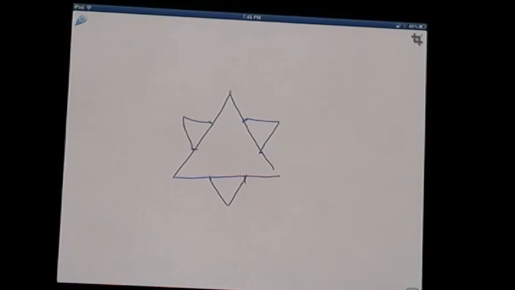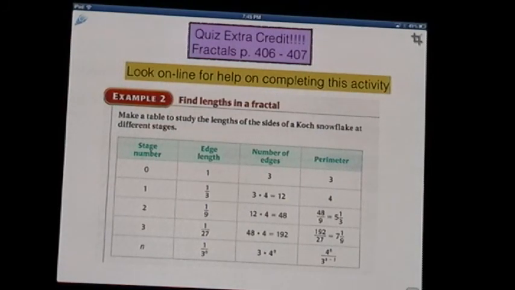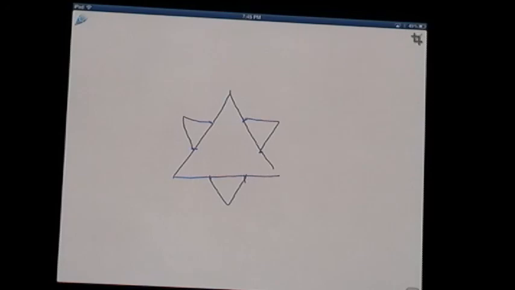In the table it says, in stage number 0, our edge length is just 1 unit. And we have 3 edges, and we have a perimeter of 3. Well then, when we've done this, it says our edge length is 1/3. That's because the first edge is 1/3 the distance that we started with.